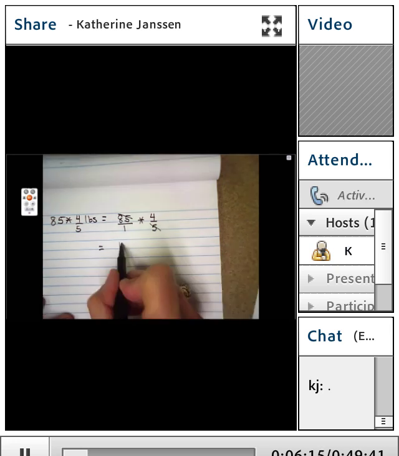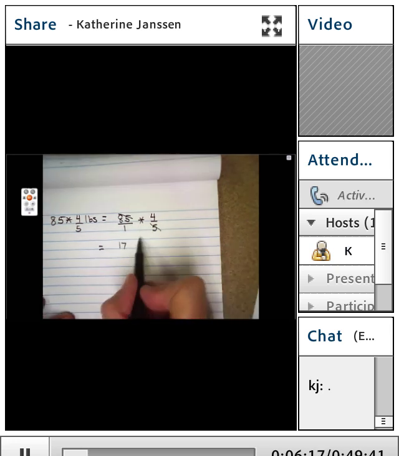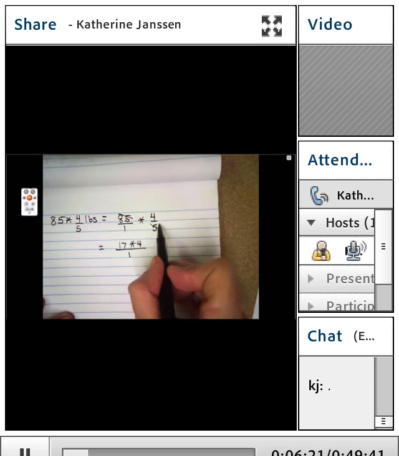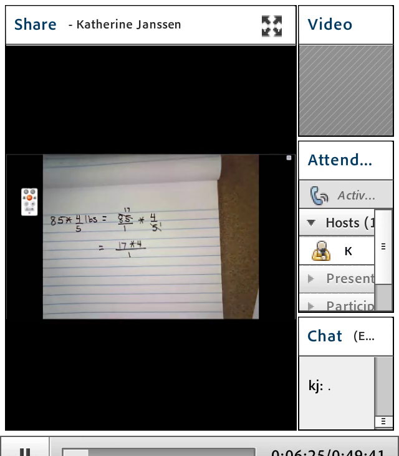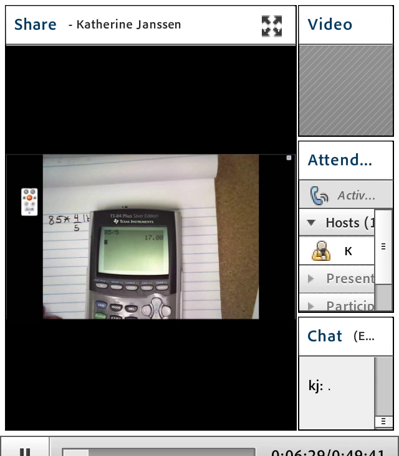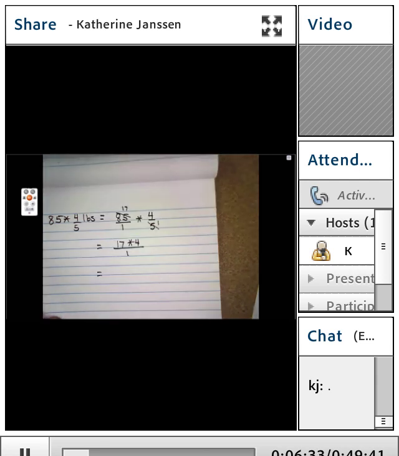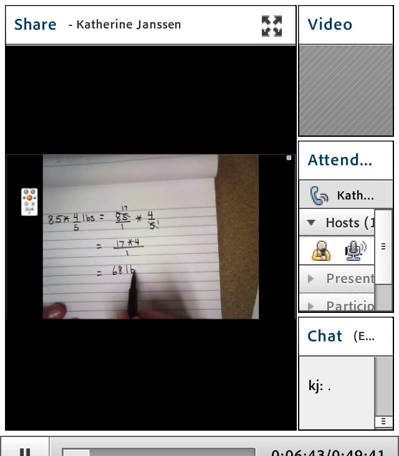And what's left? Times 4 over 1. 5 goes into 5 once, and 5 goes into 85 17 times. 17 times 4 is 68. So the number of pounds of truffles that we need to fill 85 boxes with 4/5 pounds each is 68 pounds.